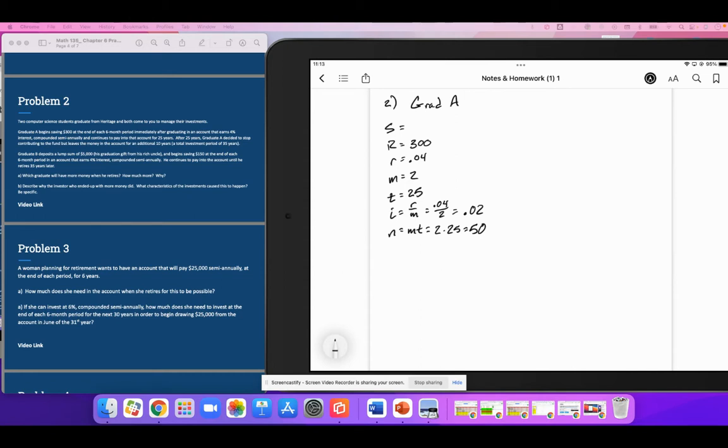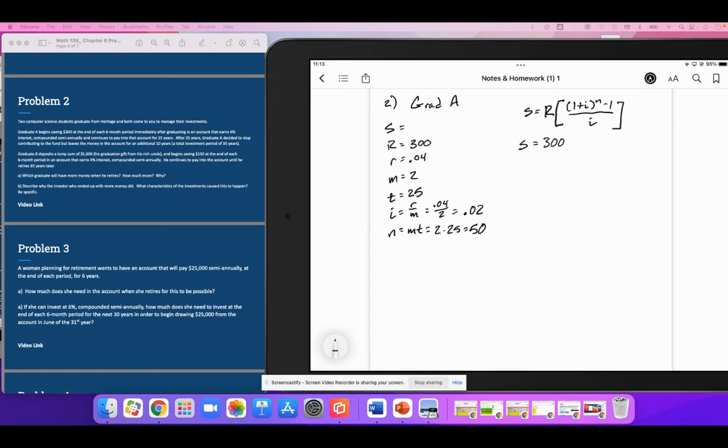Pardon my momentary pause there. I had to go find my formulas. And so this is a fund that this person is paying into. It is growing, so this is going to be a future value of an annuity. And so we will have our formula S equals R times 1 plus I to the power of n minus 1 over I. And we're going to throw our information in there.